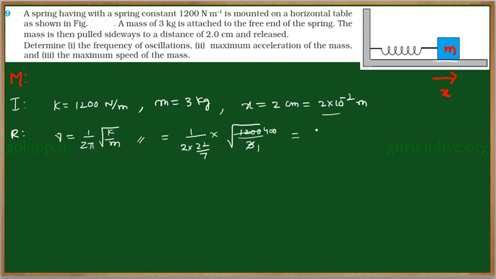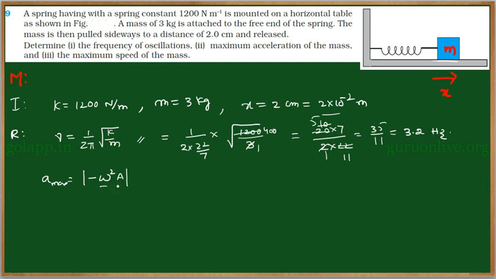So finally I can write 20 into 7 divided by 2 into 22. 2 ones are 2, 2 tens are 20, 2 11s are 22, 2 5s are 10. So 7 5s are 35 divided by 11 is equal to 3.2 hertz.